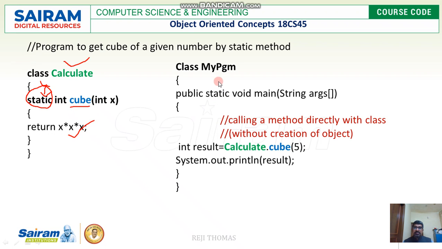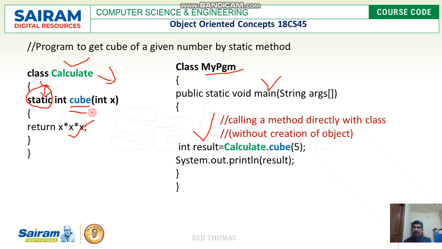Let us see the second class. This is my second class, where Program is the class name. This is my main method. Look at this. I've taken a variable called result, and Calculate is my class, dot cube.